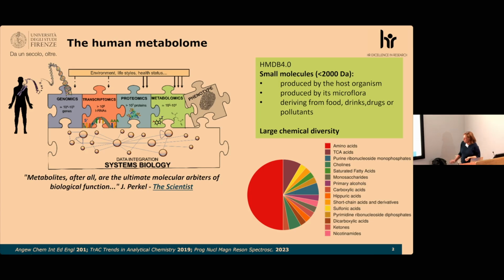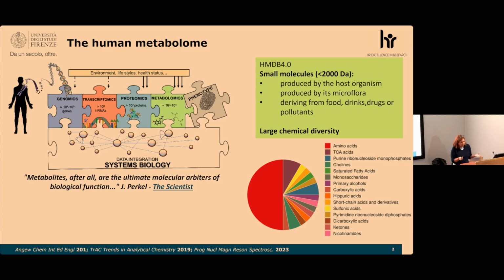is a tool that provides information on the downstream effects of the various omics, and at variance with the other omics looks at a very heterogeneous class of molecules which have in common only the size, because the definition that you find on the Human Metabolome Database, for example, means that the metabolome of a given sample is made by all the molecules that have a molecular weight below a certain threshold, usually 2 kilodalton.